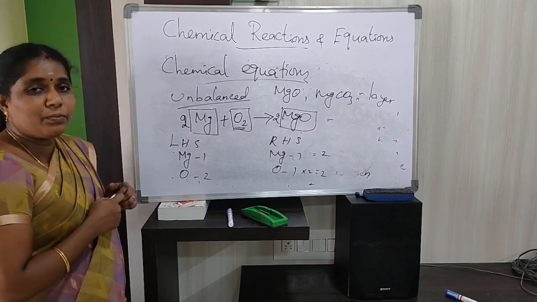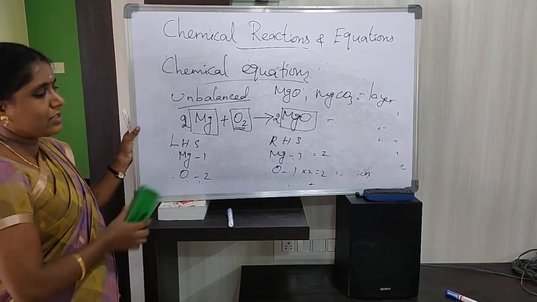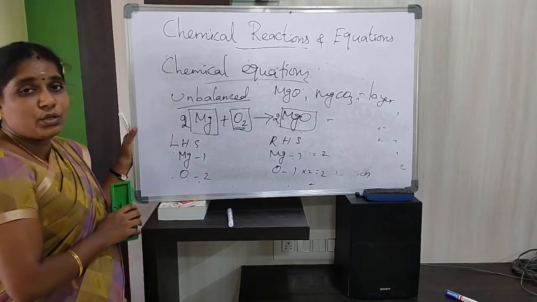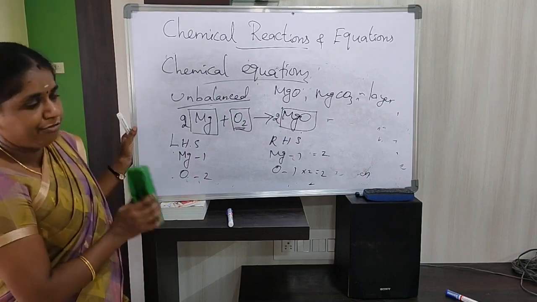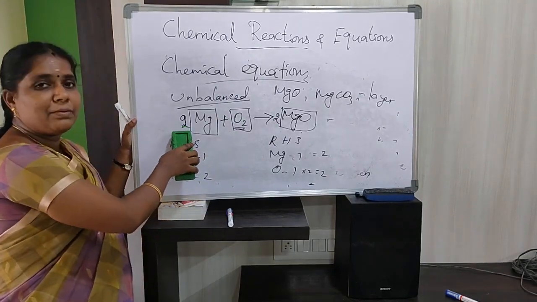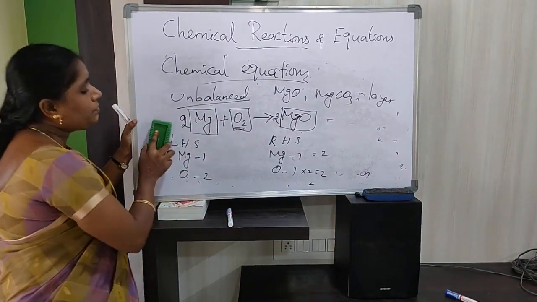Like this you need to balance a chemical equation. This we have already discussed. Keep this in your mind: while balancing a chemical equation, do not change any symbols or formulas. Only add the coefficient in front of the symbols or formulas.